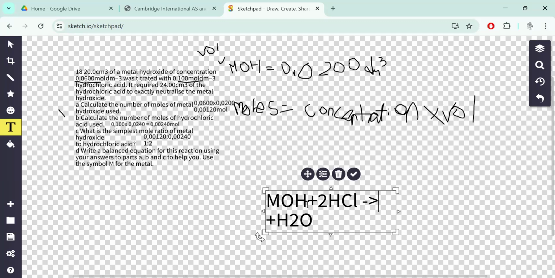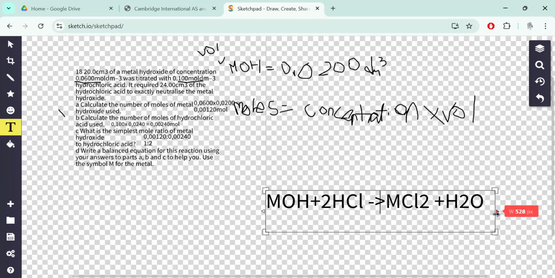Now we are left with M, the metal, and chloride, Cl. MCl2. First we get the two right there. So this is the balanced equation in the end.